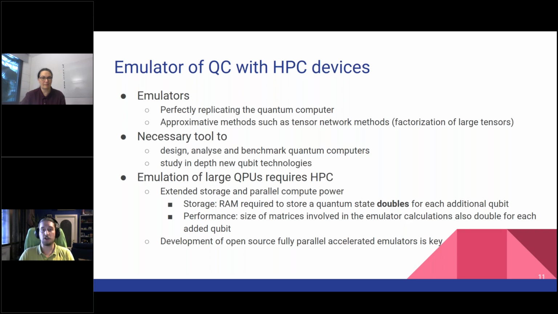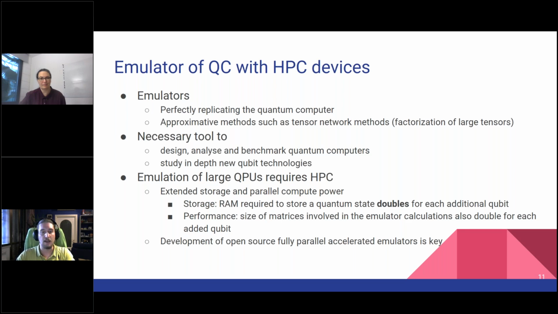So if you're writing a quantum algorithm and you want to test it, it's not good to test it directly on a quantum computer, because if the algorithm fails, you don't know if the failure is due to an error in the quantum computer or an error in your algorithm. So a good idea is to test it on an emulator first. If the emulator shows it can be a good algorithm, then you can test it on a real quantum computer, studying also the noise and other things.